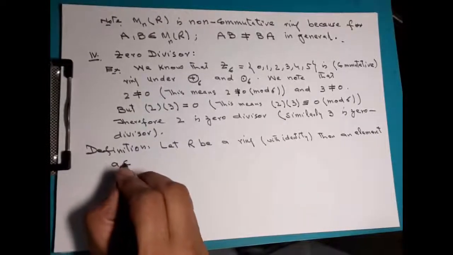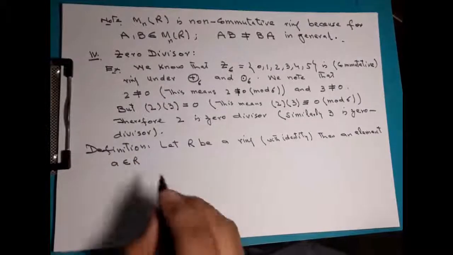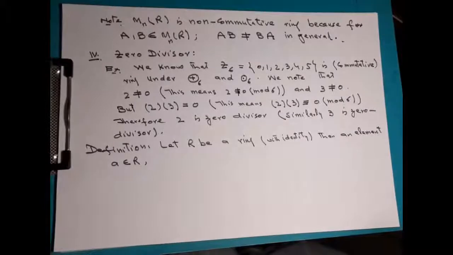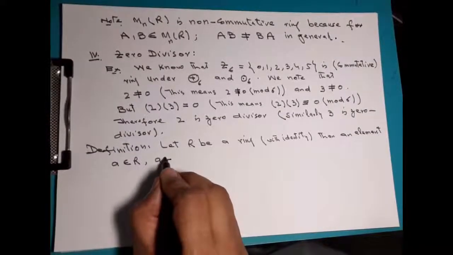So let R be a ring, then an element A of this ring R is called a zero divisor. An important condition is that A does not have to be equal to 0.